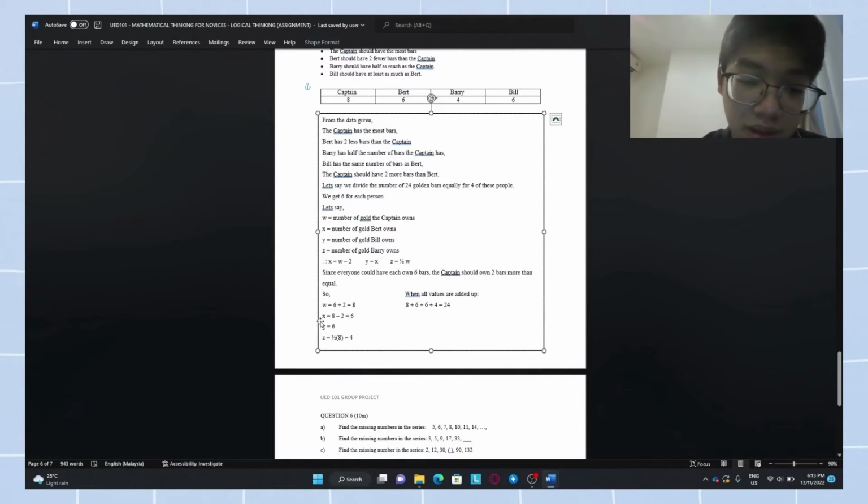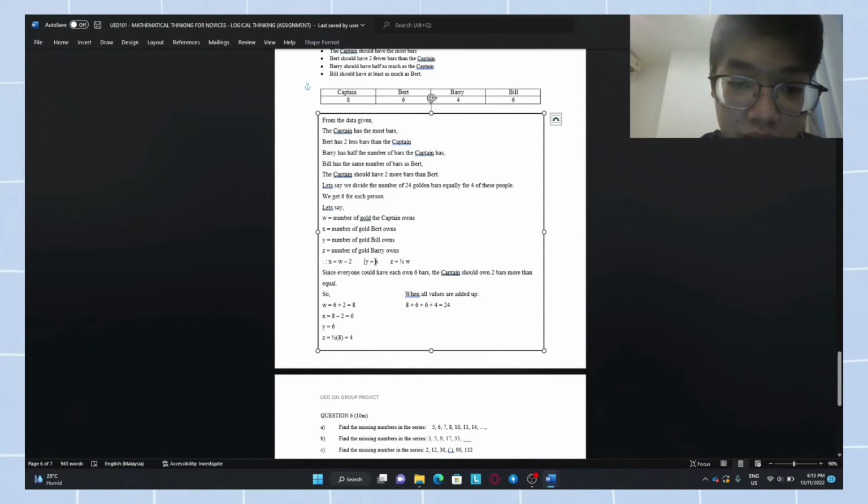So the captain has 8 bars, while the number of gold Bert owns should be 2 fewer than the captain's, which is 8. So when we calculate it, X equals 8 minus 2 equals 6. We substitute the number of golden bars the captain owns into W in this equation, so we obtain X equals 8 minus 2 equals 6.